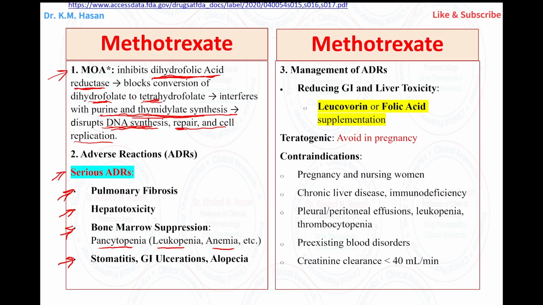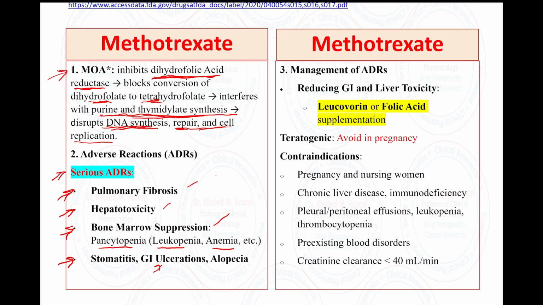So all these are related to the methotrexate. Our repeated serious side effects associated with methotrexate: we have pulmonary fibrosis, hepatotoxicity, bone marrow suppression, decreased white blood cells, anemia, decreased platelets, thrombocytopenia, stomatitis, GI ulceration, alopecia. Okay, so how can we manage the situation here? This medication inhibits formation and synthesis of folic acid.